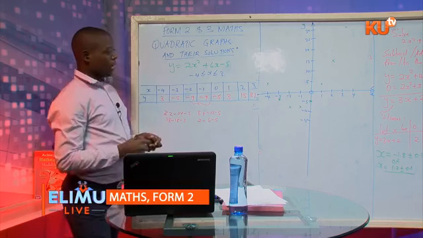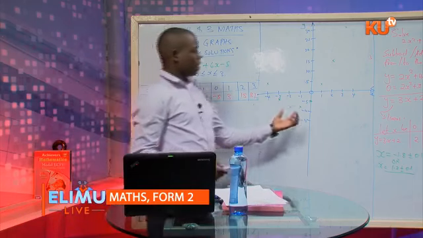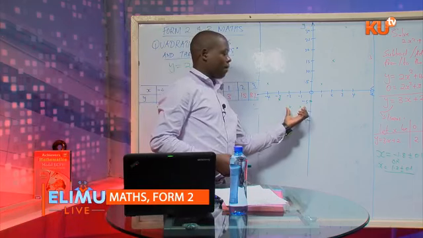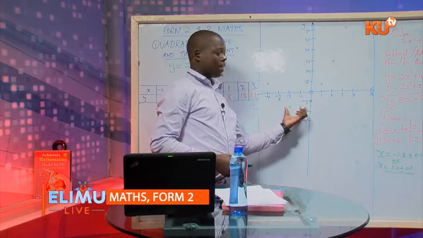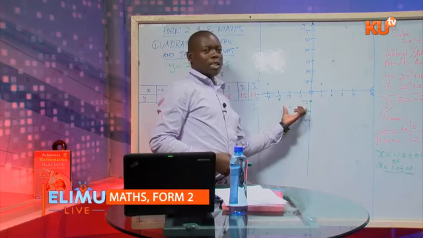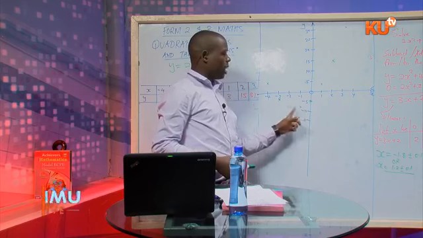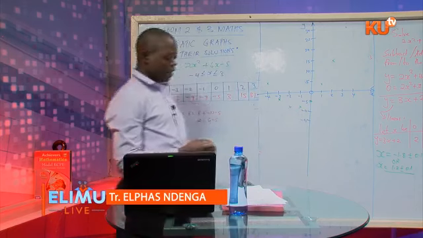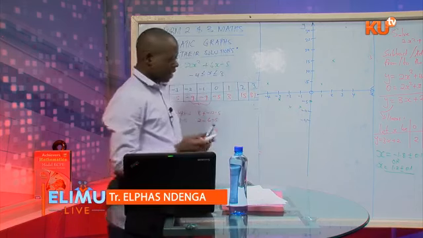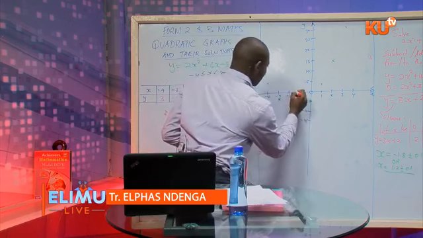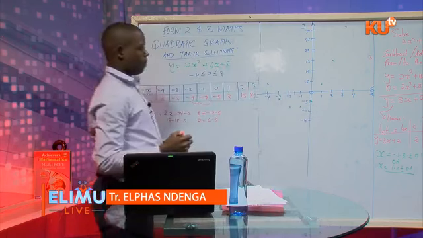So if we are to draw this graph, there has to be a turning point somewhere here, but it is not defined. So we have to get the turning point, because these 2 points are on the same level. So in between them, there is a point, that is negative 1.5.